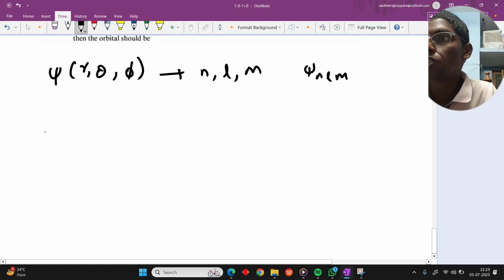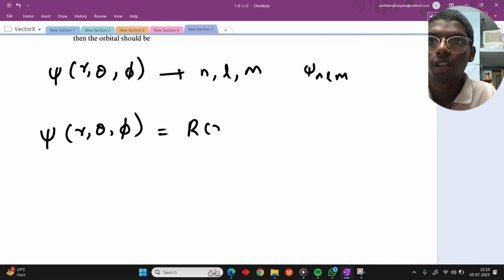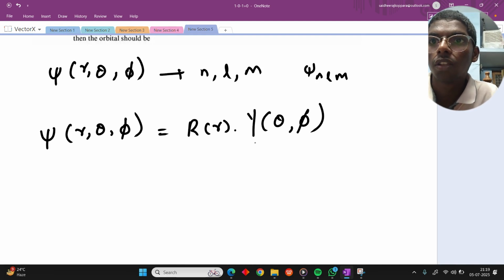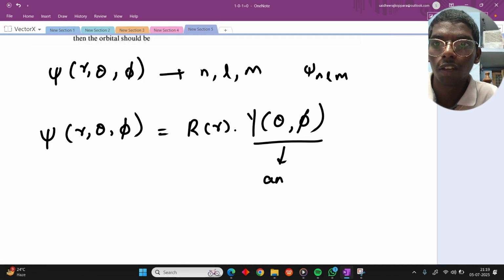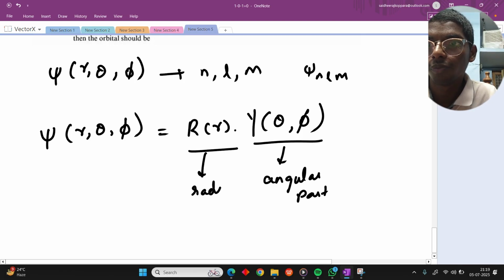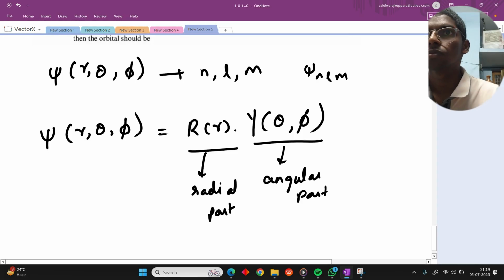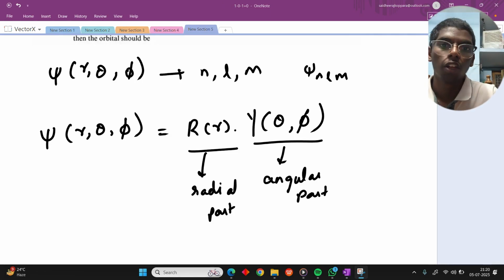While coming to solving it, psi of r, theta, phi can be written as R of r times Y of theta, phi.